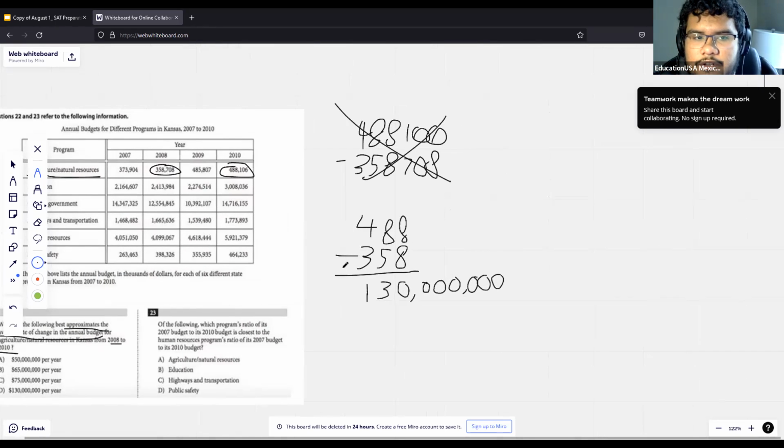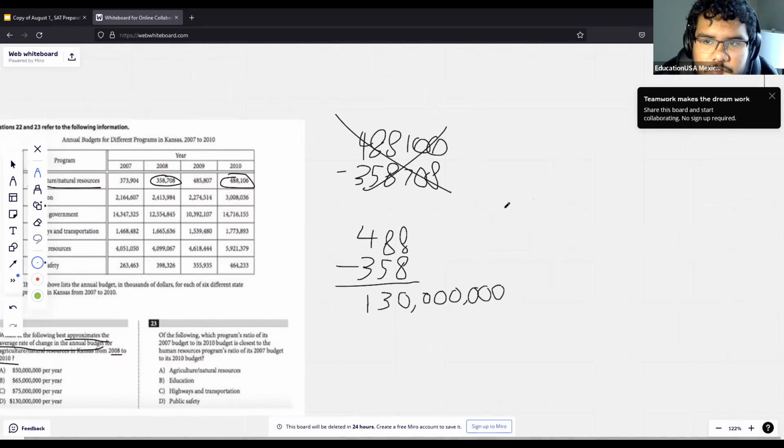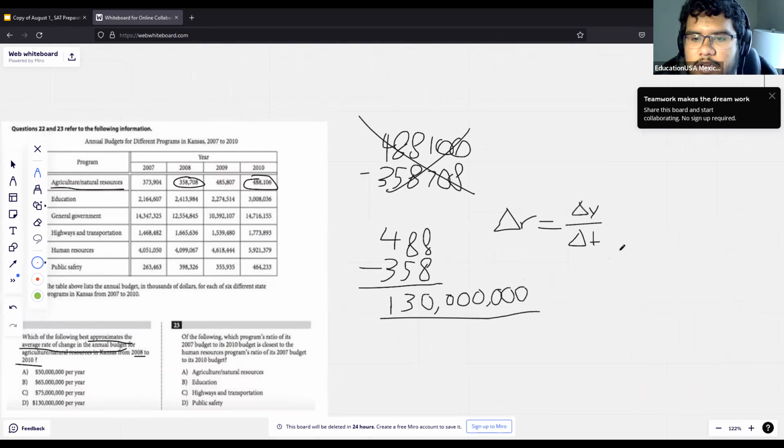Since we subtracted the two values, because that's the way a rate of change works. Rate of change involves the change in any y value divided by the change in time. We already did the change in the value of the budget. Now we have to divide it by the change in time. How many years has it passed?